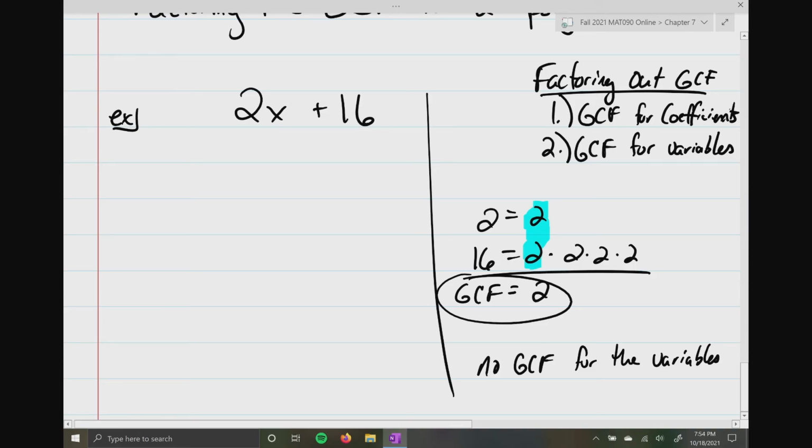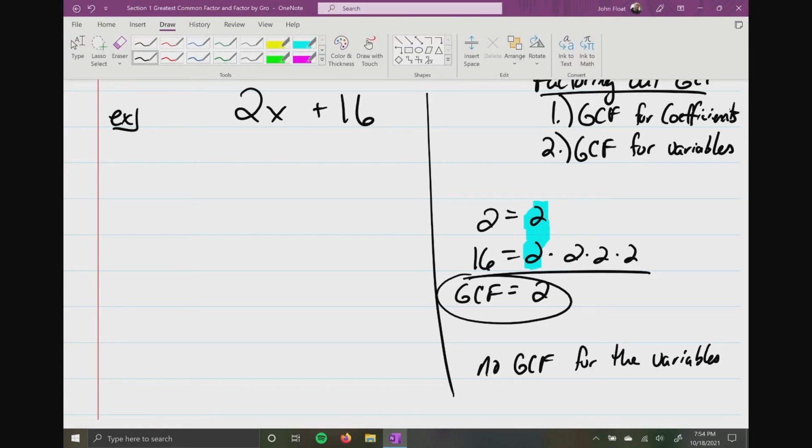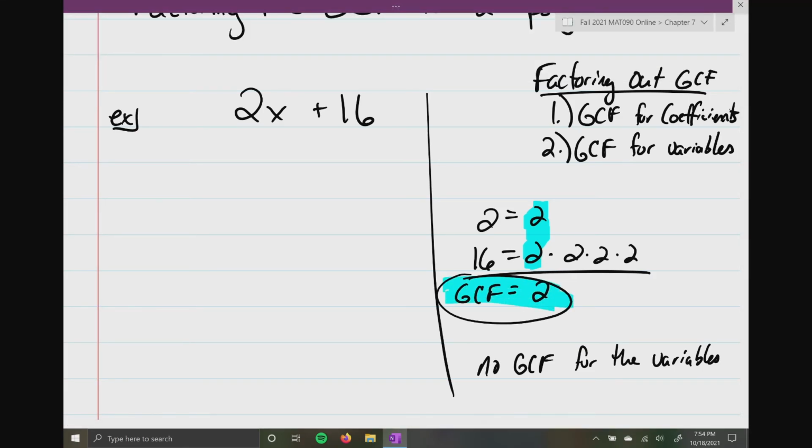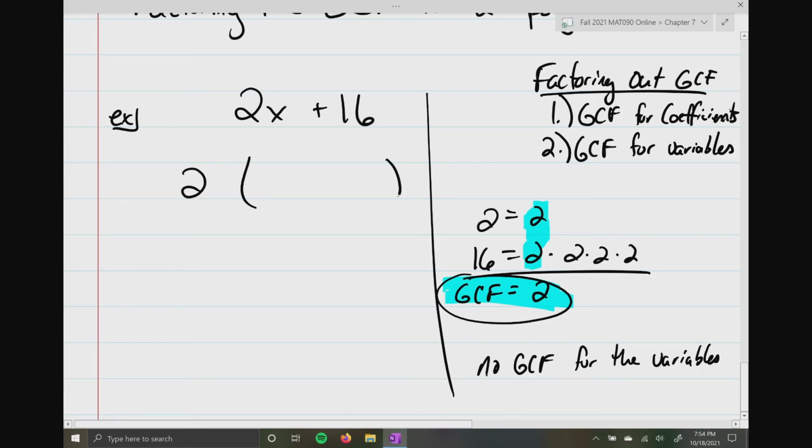Okay? Now, here's what we know. And I'm going to highlight this in blue. Our GCF for this polynomial is 2, which means I'm going to factor that out. When you hear the word factor, you should be thinking of prime factorization, meaning numbers that are being multiplied. Notice by me factoring out a 2, these are being multiplied, which is great.